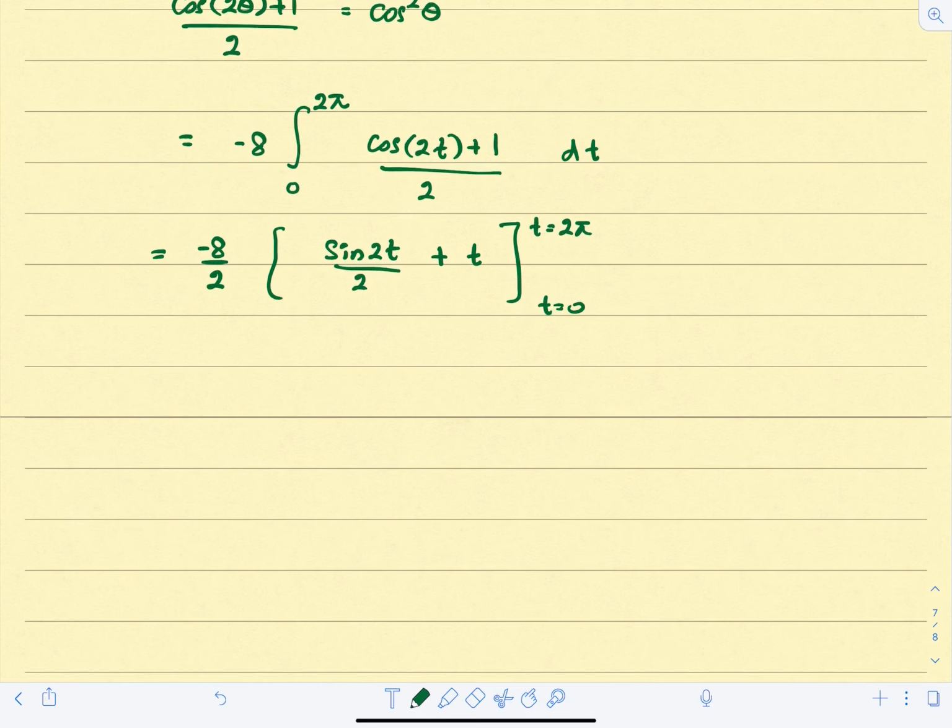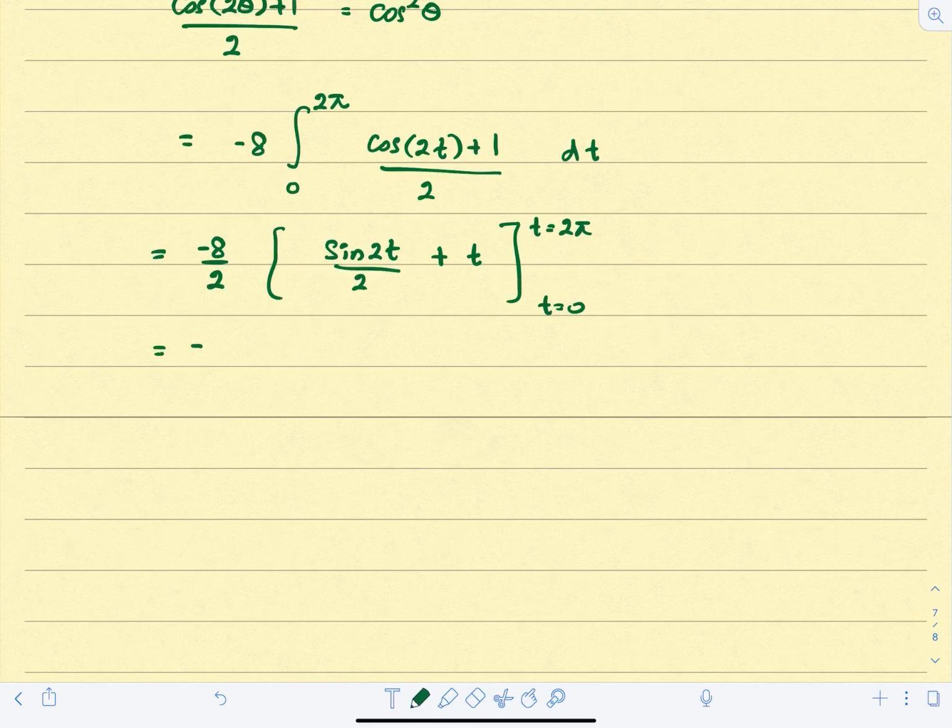If you apply the upper limit and then the lower limit, here you will get sine 4 pi, which is 0, minus sine 0. So we do not have a contribution from this first term, but if you consider the second term, you will get 2 pi minus 0, which is 2 pi.